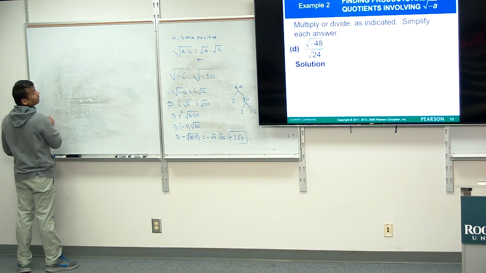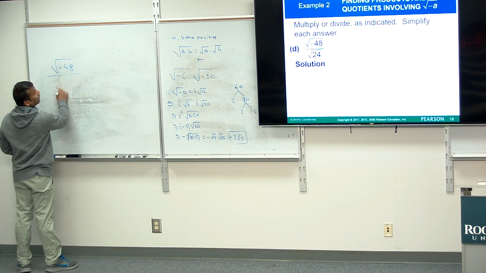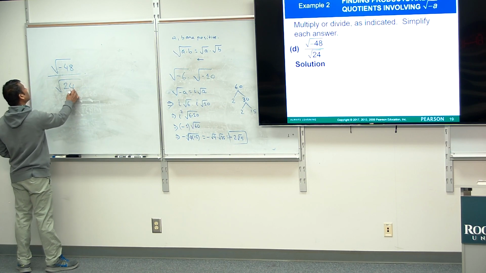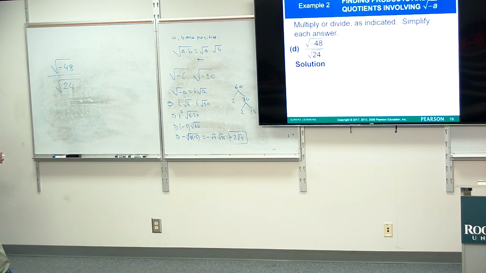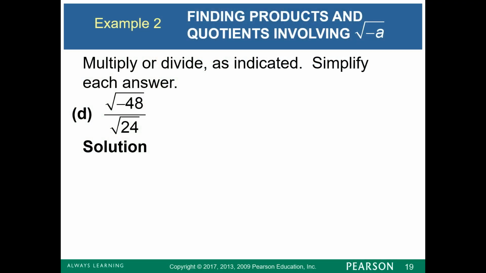So you have radical negative 48 over radical 24. You need to divide radical negative 48 by radical 24, and you have to simplify it. Radical negative 48.